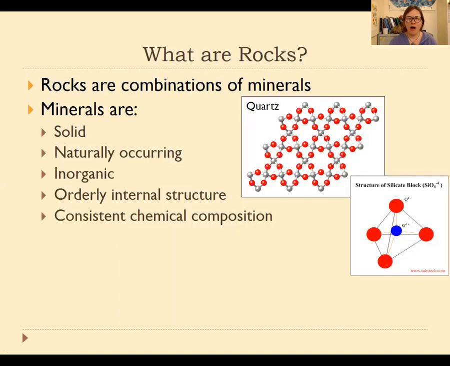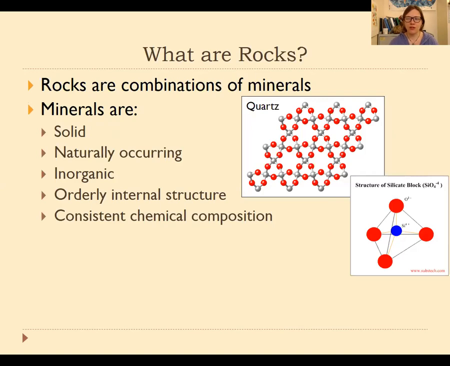So when we think about what this parent material is made of, as I mentioned before, rocks are made up of a combination of minerals. That may be a term you've heard of before, or maybe not. So let's just quickly define that minerals are things that are solid, they're naturally occurring, and they're inorganic, meaning they're not part of a living organism.